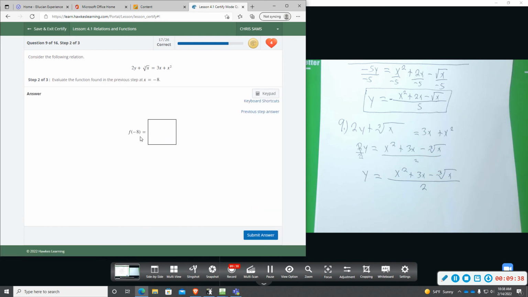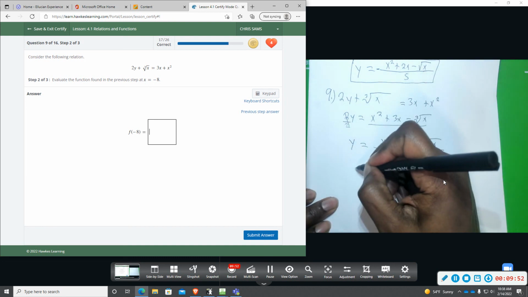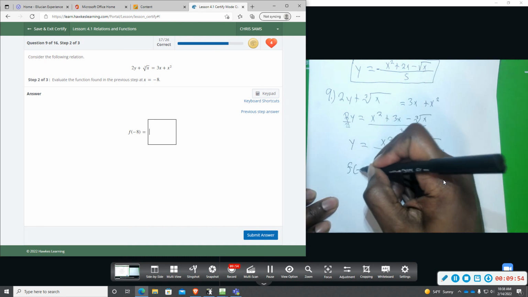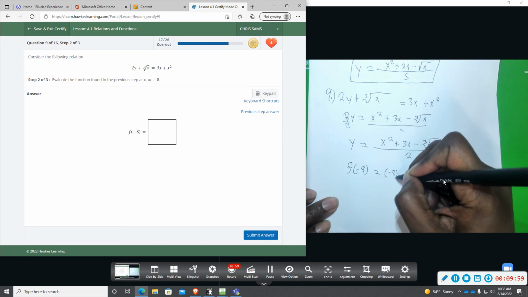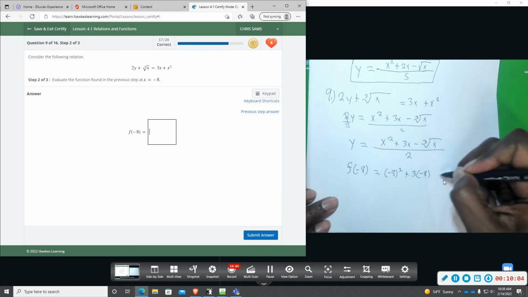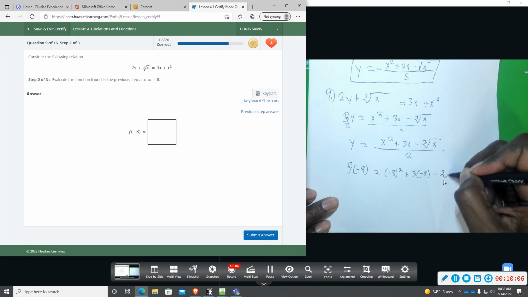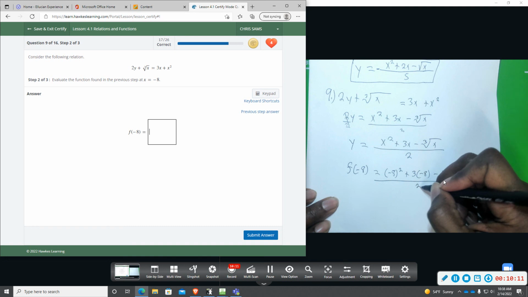This time we want to evaluate with the negative x, so this is why I left it as one fraction, so I can just deal with the top and divide by 2 at the end. So negative 8. So we're going to be doing f of negative 8, negative 8 squared plus 3 times negative 8 minus the cube root of negative 8, all divided by 2.